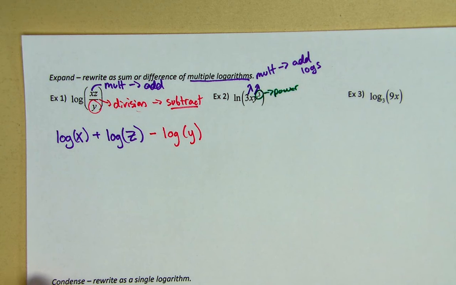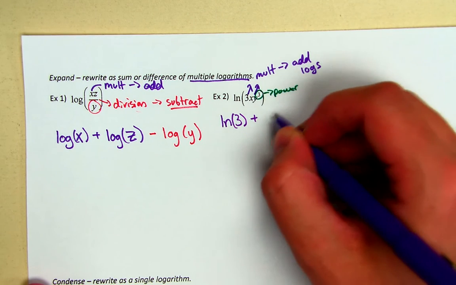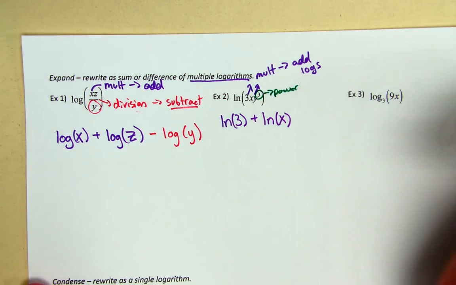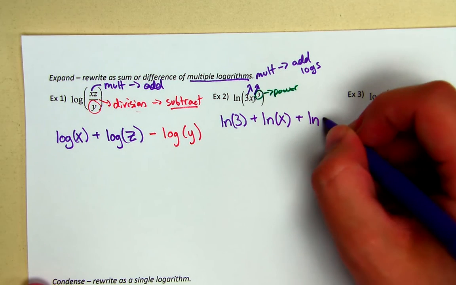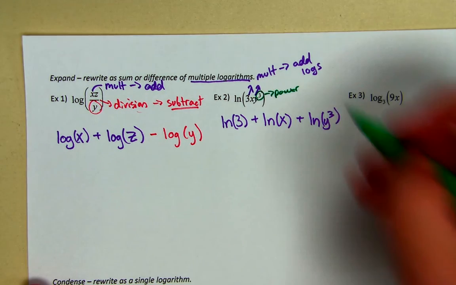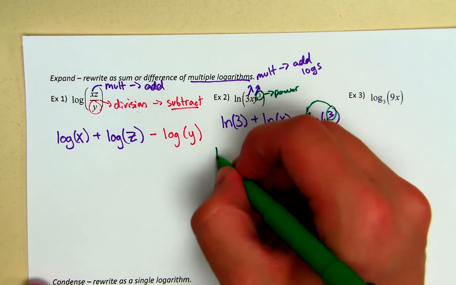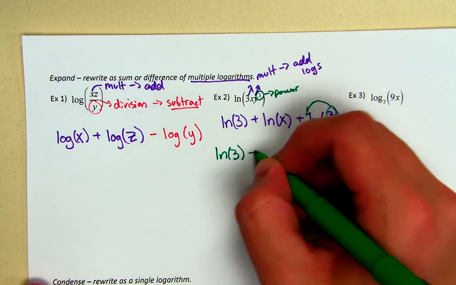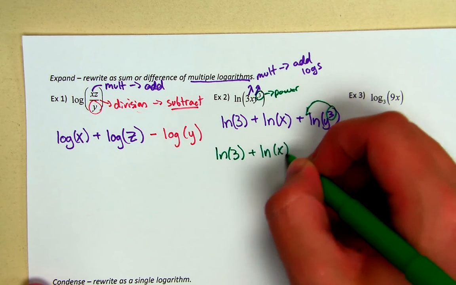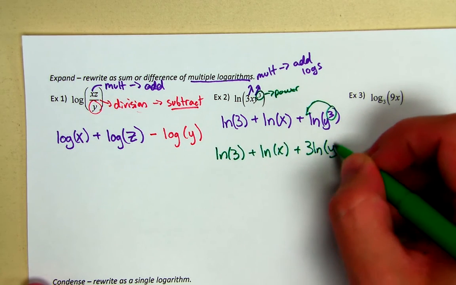So first, let's pull apart by adding. Natural log of 3 plus natural log of x plus natural log of y cubed. And again, take that power, it's just going to come down front. So now we have the natural log of 3 plus the natural log of x plus 3 natural log of y.